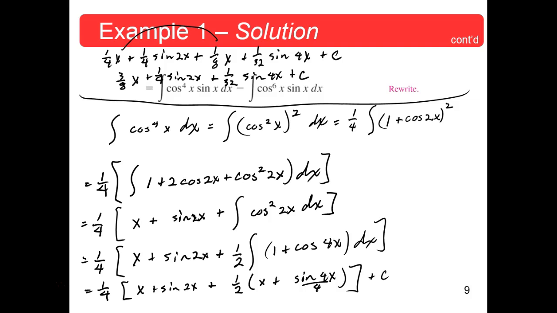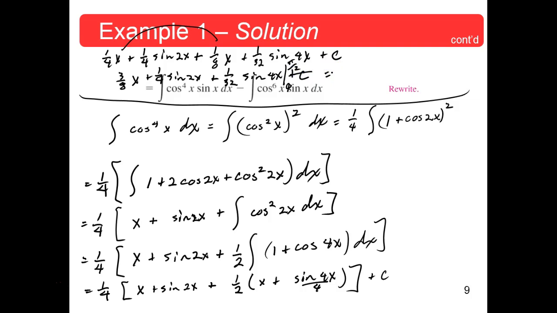Now, for some reason, they threw in something here. It says in example 3, when you evaluate the definite integral from 0 to pi halves, which they didn't tell us to do, but if you did, you would forget about the plus c here and evaluate this from 0 to pi halves.